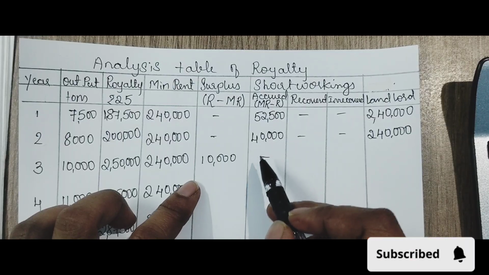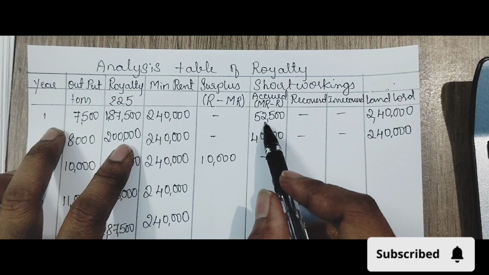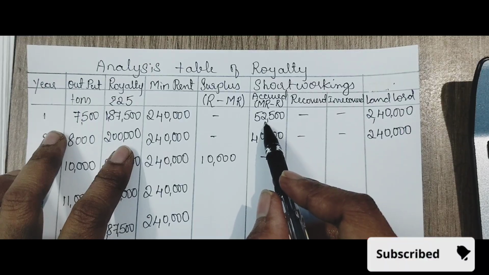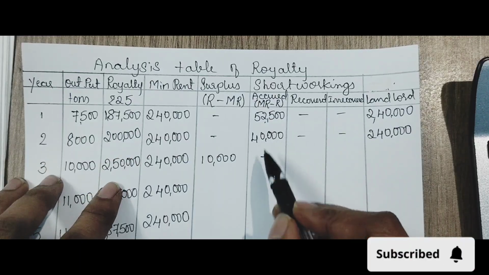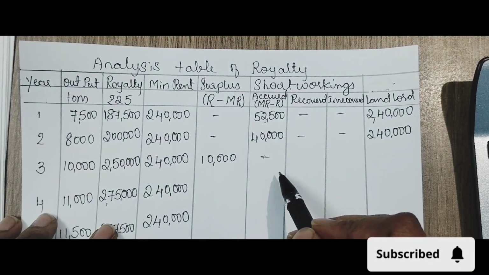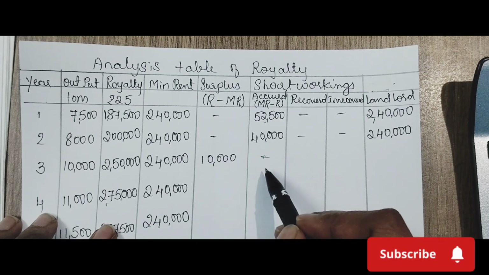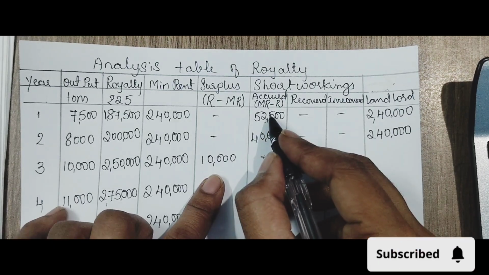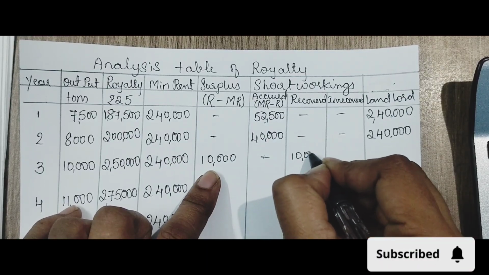What do you mean by subsequent 2 years? That meaning is, if the short working occurred in the first year, you can recover in the subsequent 2 years, that is in second year and third year. If in the fourth year there is a surplus, you can't recover because the condition says in the subsequent 2 years. So the first year short working you can recover 10,000.